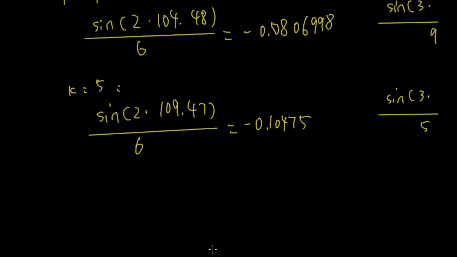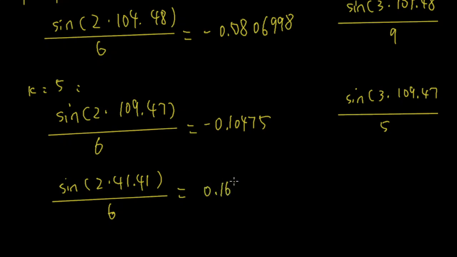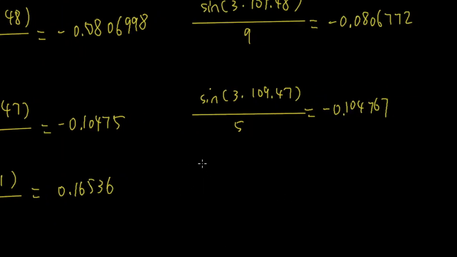So let's do this, k is equal to 5. Sine 2 times 41.41, divided by 6. That's the left side of the equation given. That's approximately equal to 0.16536. On the right side of the equation, sine 3x over k, so sine 3 times 41.41, which is also an approximate value, divided by k, where k is 5 here.